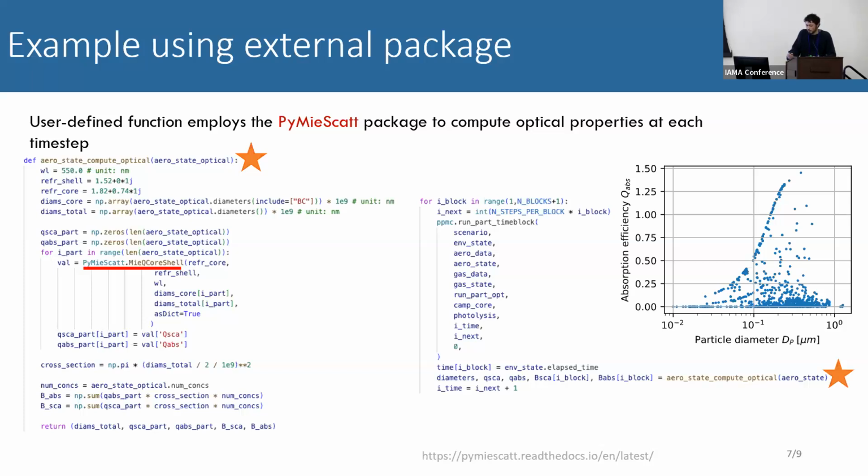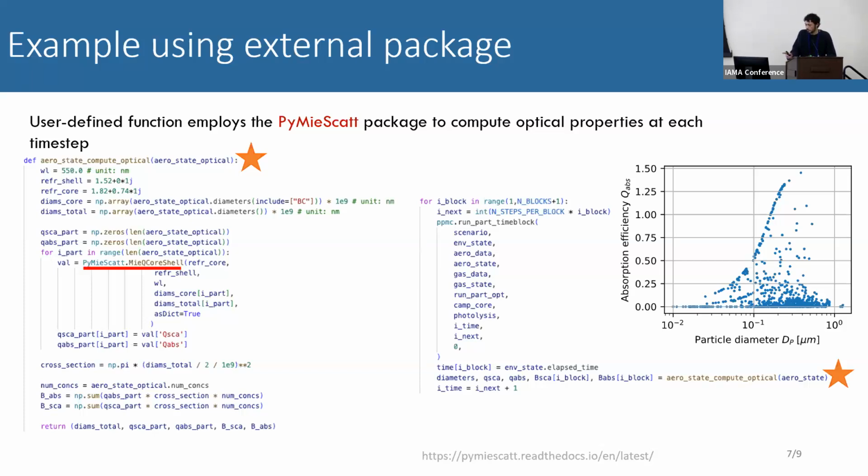And on the right-hand side, we have this time-stepping loop from a PyPartMC simulation. I want to note that in this example, time-stepping control is with Python. So we're able to call this user-defined function at every time step in our simulation to compute optical properties.